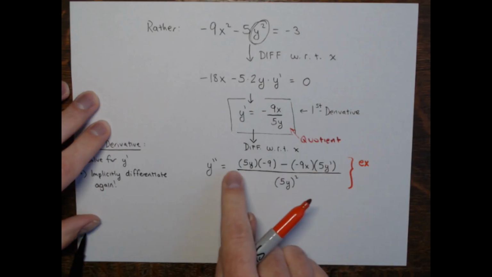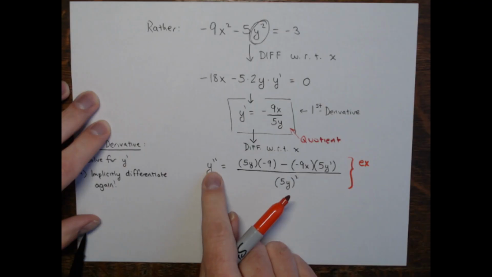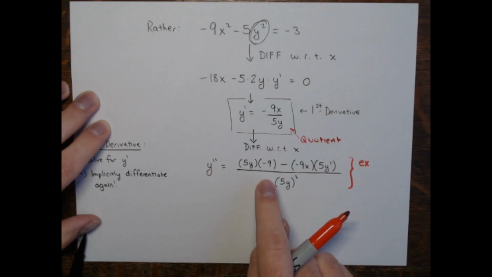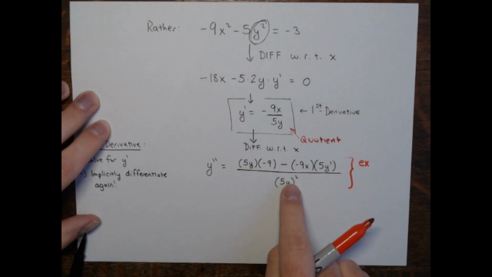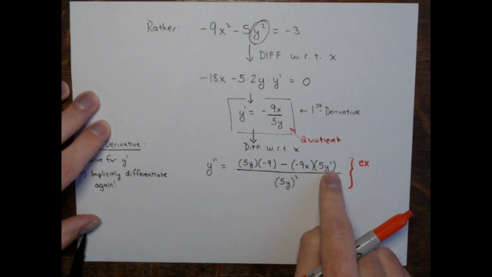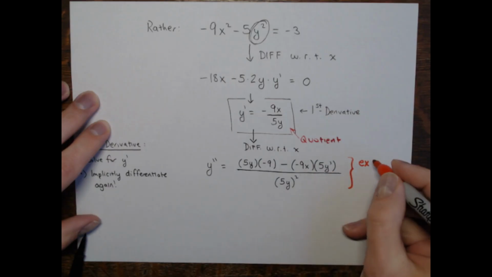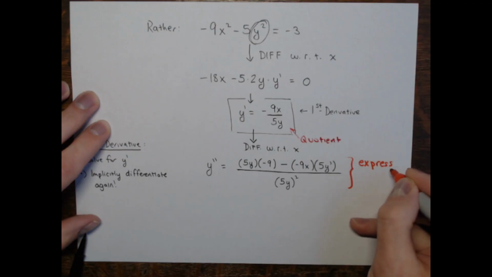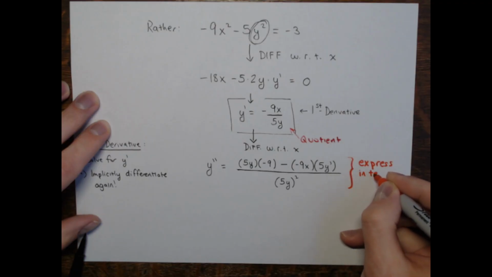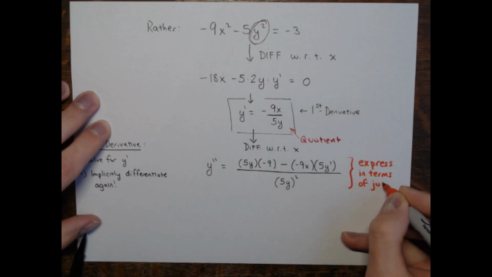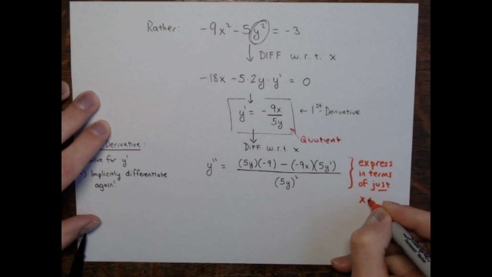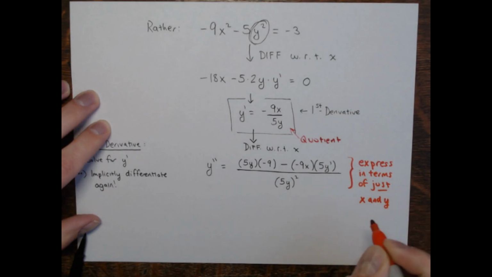All right, so if I wanted the second derivative to this curve at any particular point, I'd need to know the x coordinate, the y coordinate, but also the first derivative. So we're going to have to make a substitution and express in terms of just x and y. Just x and y, no y prime.